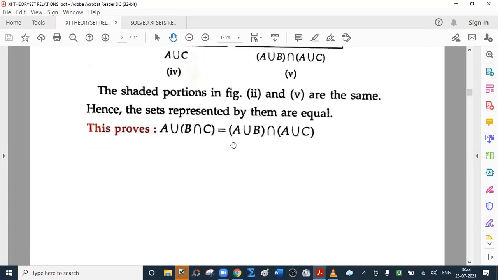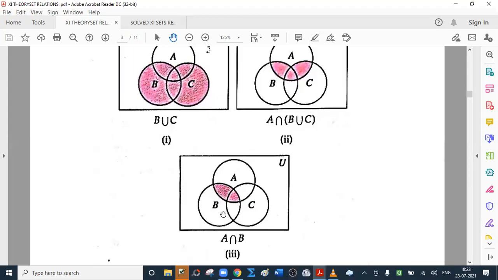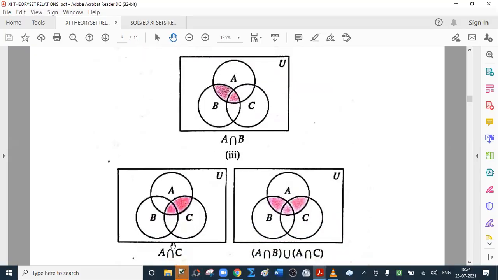Now, next one. This is B union C. Now, this is intersection of B union C with A. The elements which are common, which are in set A and in B union C. So, this part. Next, this is A intersection B, elements which are common to both sets A and B. This is A intersection C, their union.